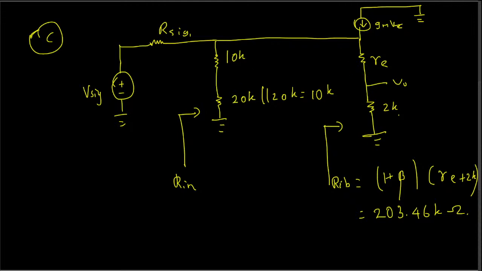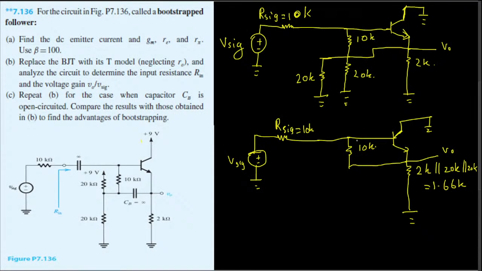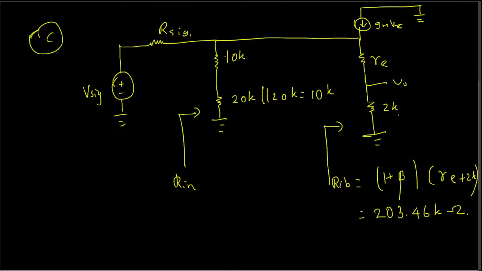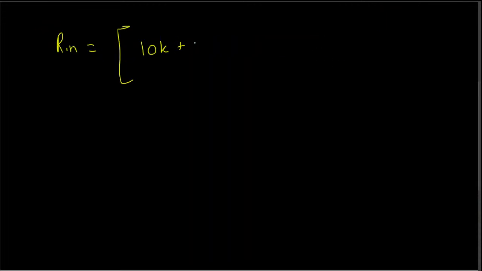So if we take the input resistance, that is nothing but a 10k ohm resistor in series with 20k parallel 20k, which is another 10k. You can simplify and say 10k as well.